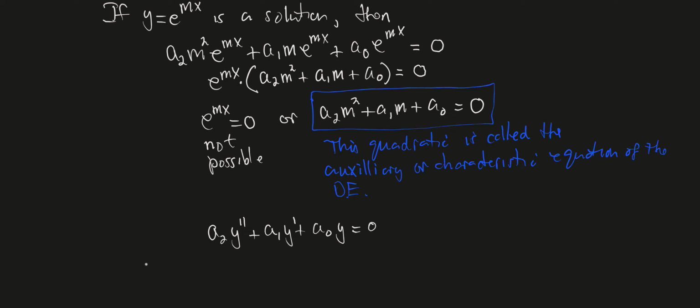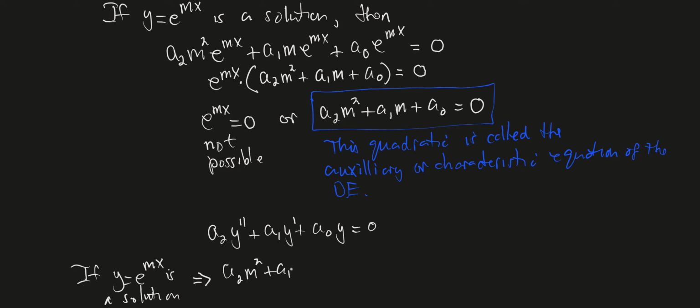Based on an educated guess, on the pattern and what we know about derivatives, at least one type of function that seems like a reasonable choice would be a function of this form. So if this is a solution, then we can figure out what m is by solving this quadratic, this auxiliary equation.